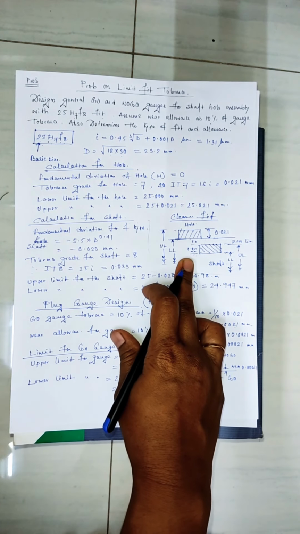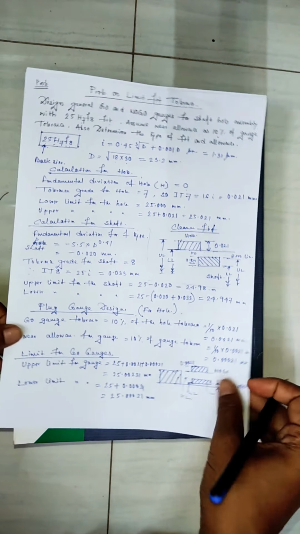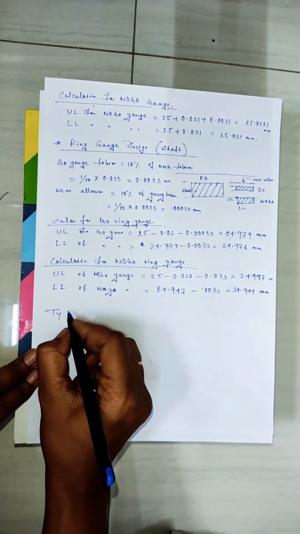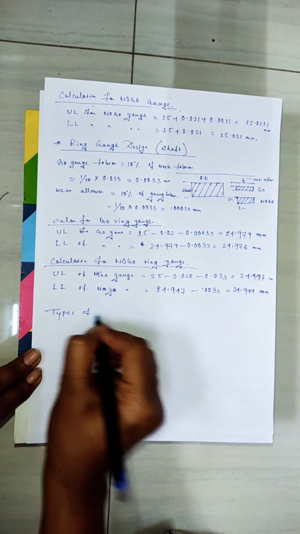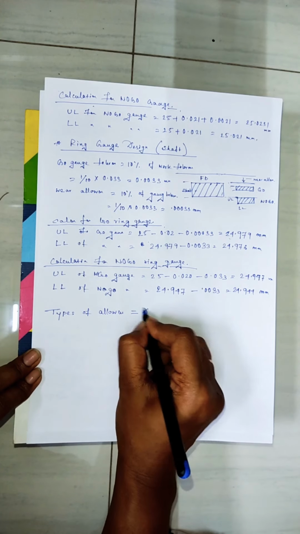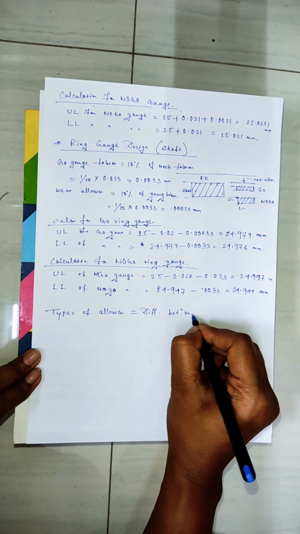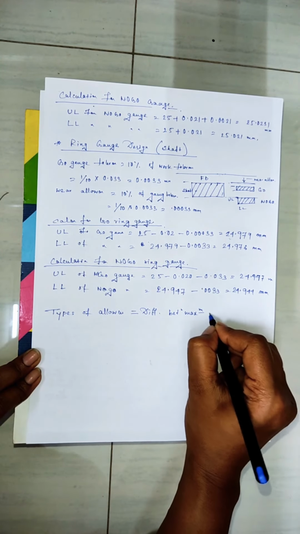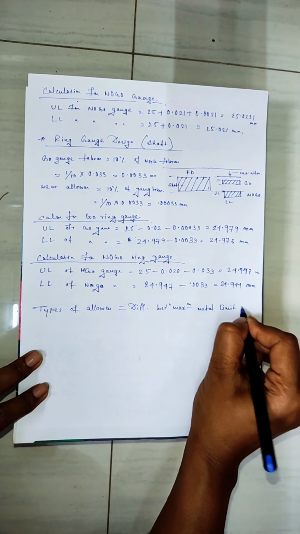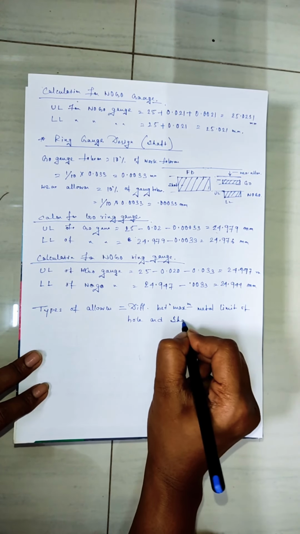And what is the allowance? The difference between the maximum metal limit of hole and shaft. So we calculate the allowance, which is the difference between maximum metal limit of hole and shaft.